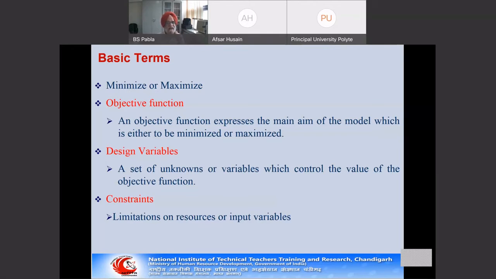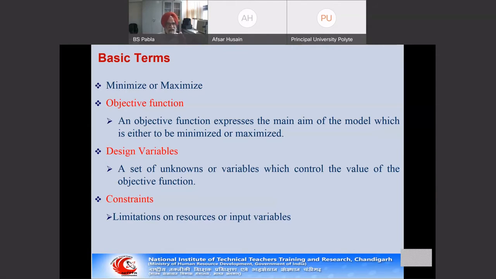Design variable. A set of unknowns or variables which control the value of the objective function. Let's say we are working on a problem on cutting tool life. So what are the variables I said?